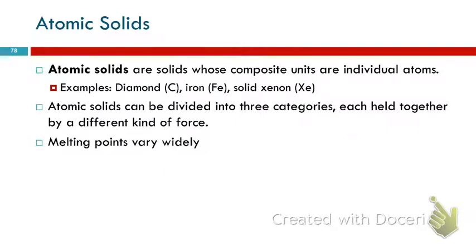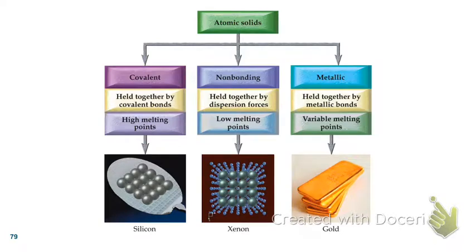Most atomic solids are just atoms attracted by dispersion forces. So those are the non-bonding. They're held together by dispersion forces. These tend to have low melting points. Covalent atomic solids are essentially a giant molecule.